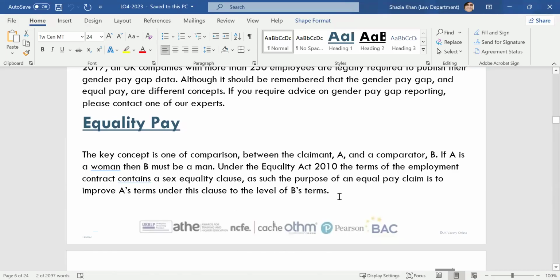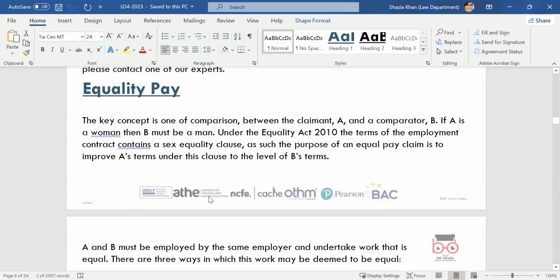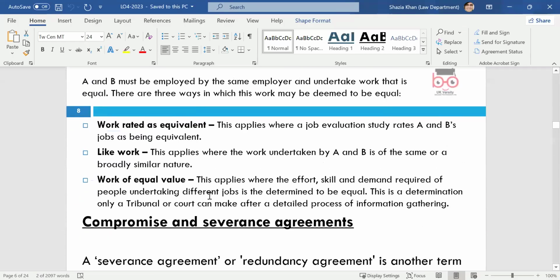And the key concept is that, if a woman works under the Equality Act, it's based on a comparator. They do the same work or similar work, and they should obviously be paid for that work rather than being discriminated against. And the employer can defend the claim if they feel that one person has more experience than the other.